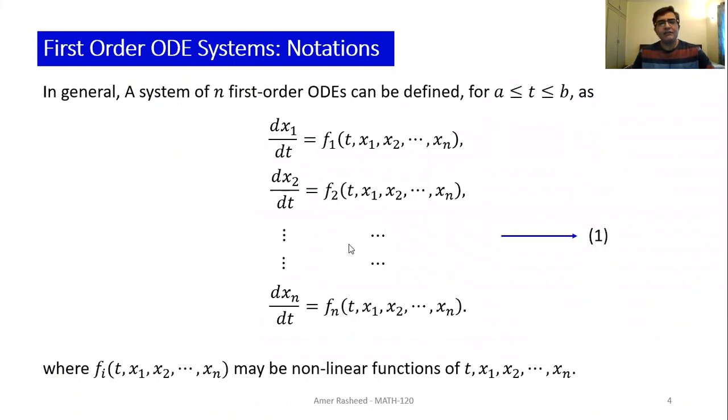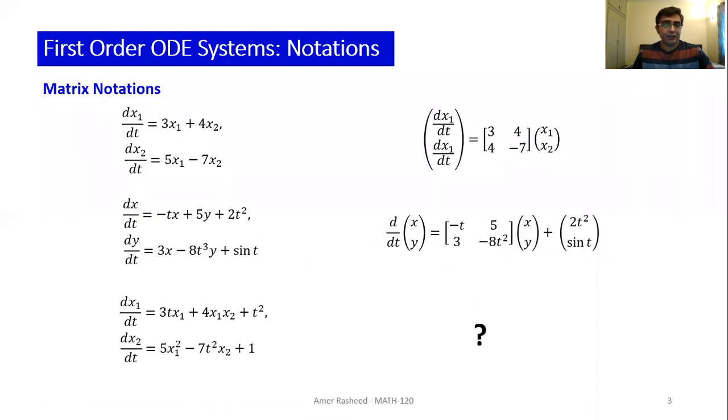On the previous slides, I have shown you only systems of 2 first order differential equations. But in fact, we can have a system of more than 2 first order differential equations. They might be linear, they might be non-linear.